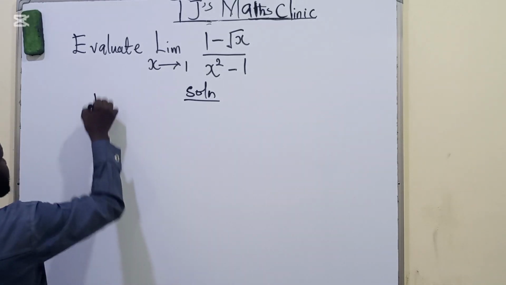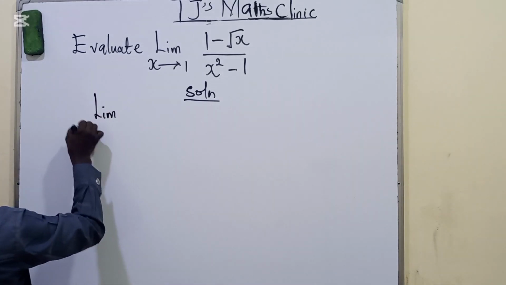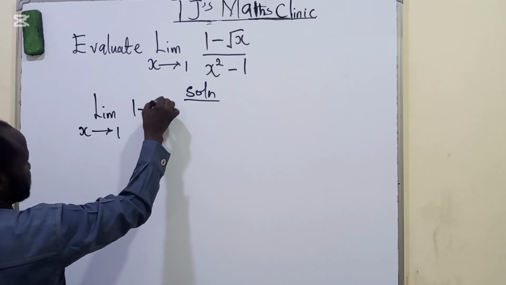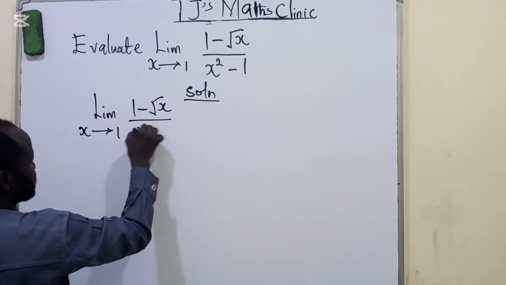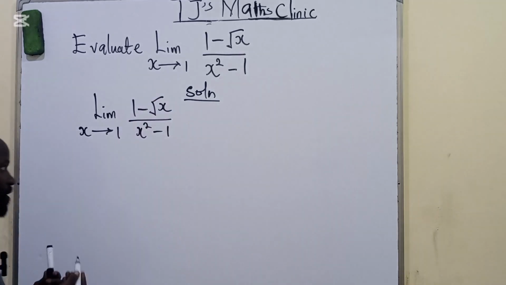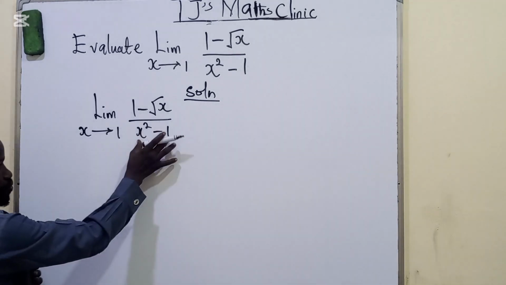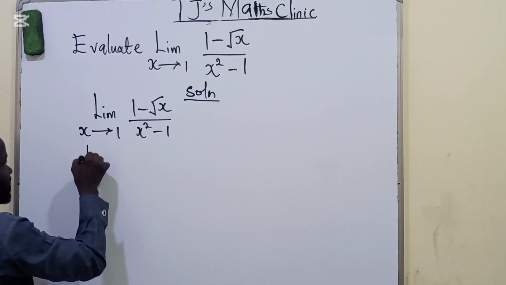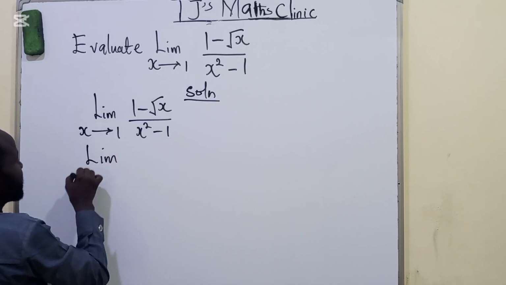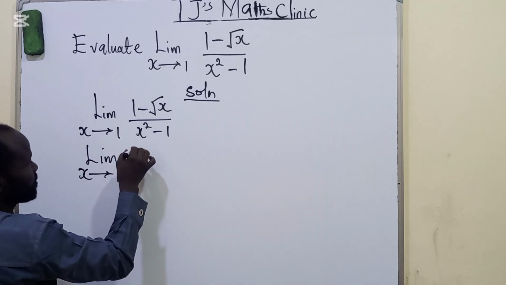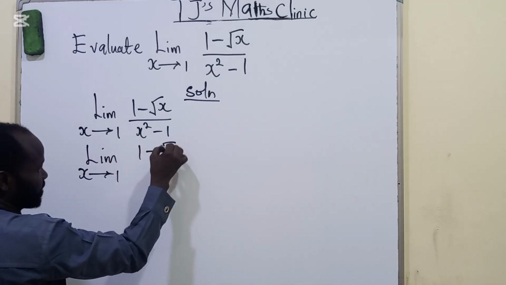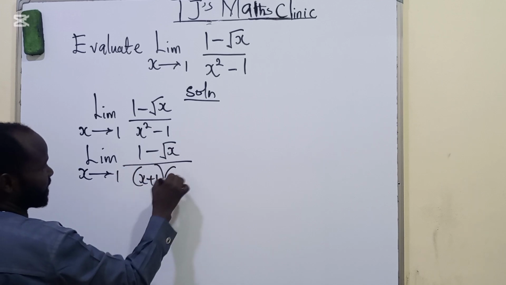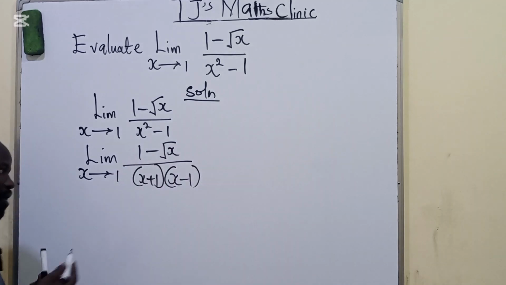We have the limit as x approaches 1 of (1 minus root x) divided by (x squared minus 1). We have a difference of two squares in the denominator. We can write this as the limit as x approaches 1 of (1 minus root x) divided by (x plus 1)(x minus 1).